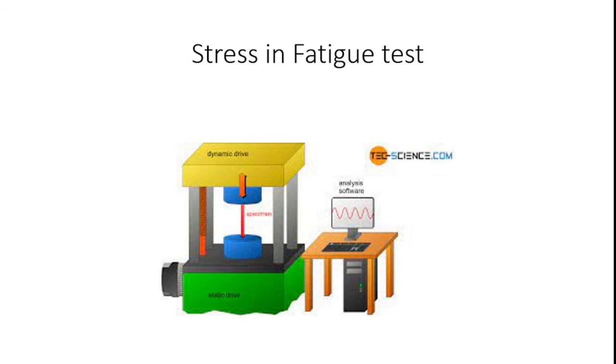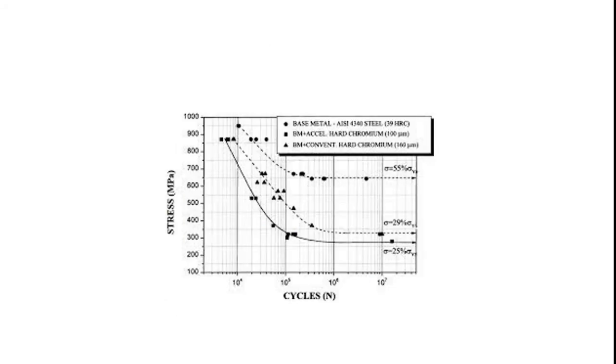We should be aware of these kinds of stresses in the study of fatigue and during the fatigue test. So what is the result? The results of fatigue tests are usually reported in the form of plots of stress versus number of cycles to fracture, also called SN curves.